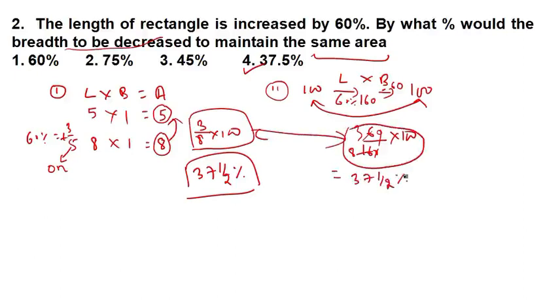Now I'll do this with the third method. See, the easiest method. Here the area is constant, and when one is increasing, the other has to decrease. What is the value of 60% in fraction? It is 3/5, which means it got increased by 3/5.